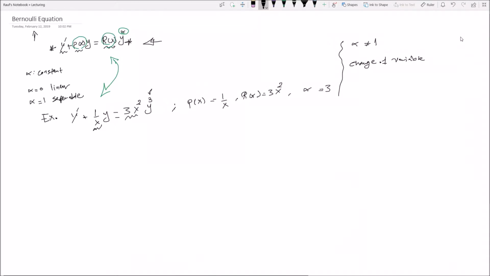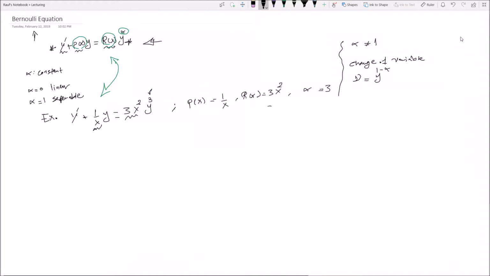The change of variable is nu equal y to the power of 1 minus alpha. So Leibniz was saying that if alpha doesn't equal 1, then the Bernoulli equation becomes a regular linear differential equation with a change of variable of nu equal y to the power of 1 minus alpha.